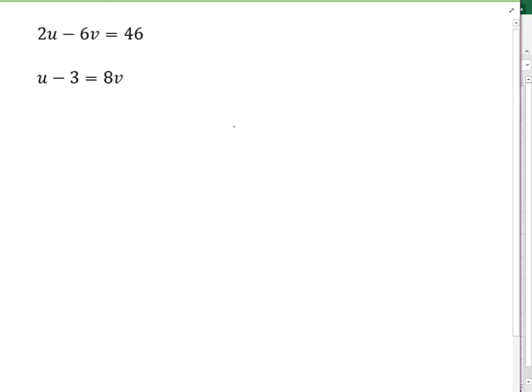So, let's see if we can do this by Cramer's rule. So the matrix equation would be A times (u, v) is equal to 46 and 3.